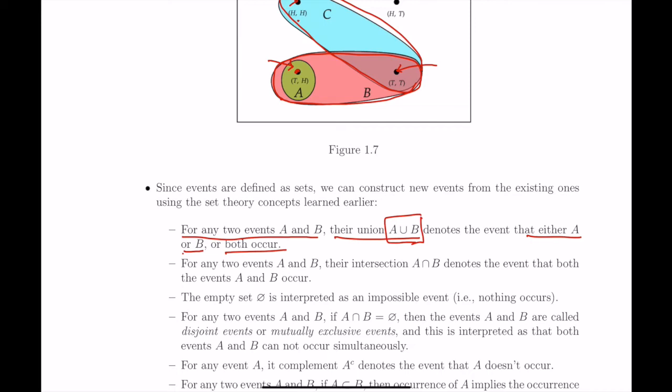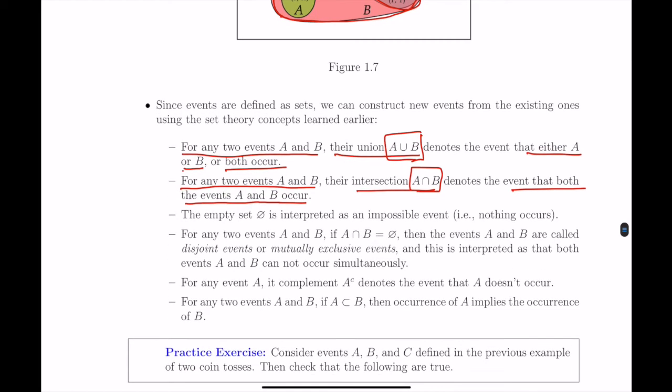Similarly, we can define intersection as well. For any two events A and B, their intersection, as you have seen in the previous video, denoted like this, represents the event that both the events A and B occur.